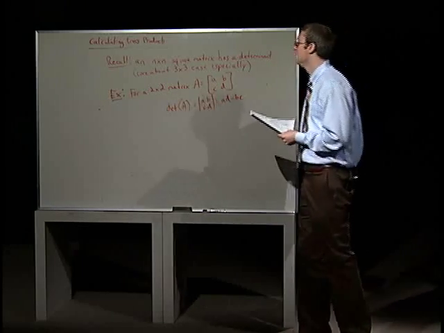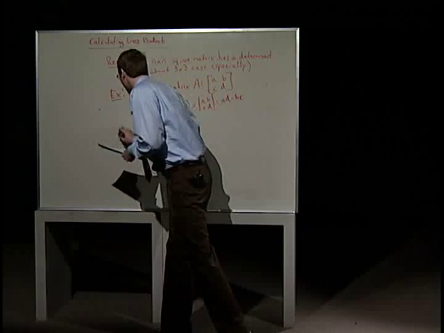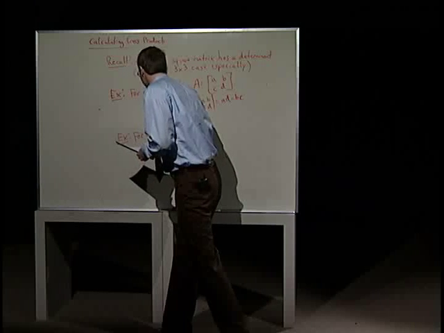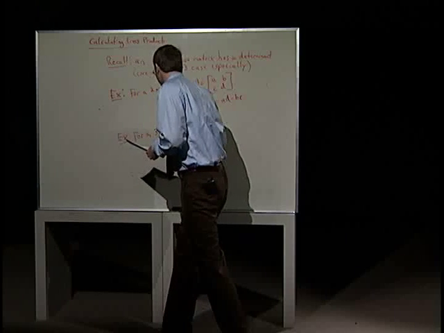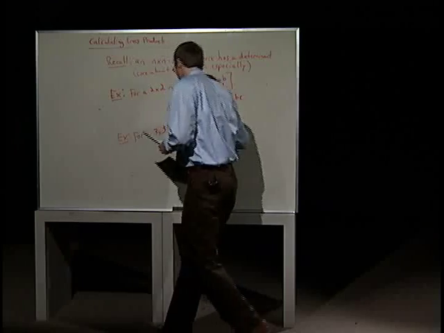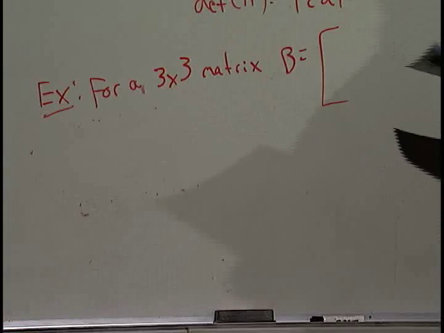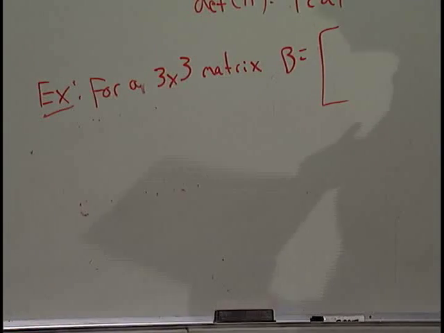Okay, so slightly harder for a 3x3, but the nice thing is the 3x3s use 2x2 techniques. So for a 3x3 matrix B, and here, rather than listing off the first 9 letters, I'll give them subscripts.